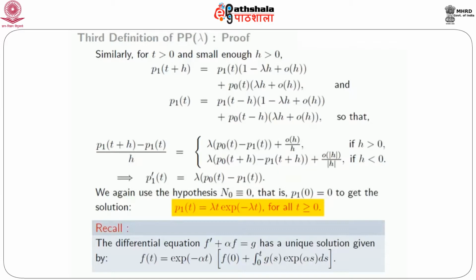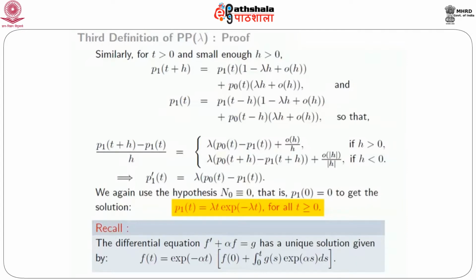Here is one simple fact from ordinary differential equation theory that we are going to recall. If you have a function f which satisfies the differential equation f' plus alpha f equals g, then this differential equation has a unique solution, given by f(t) equals exponential of minus alpha t times that square bracketed quantity.